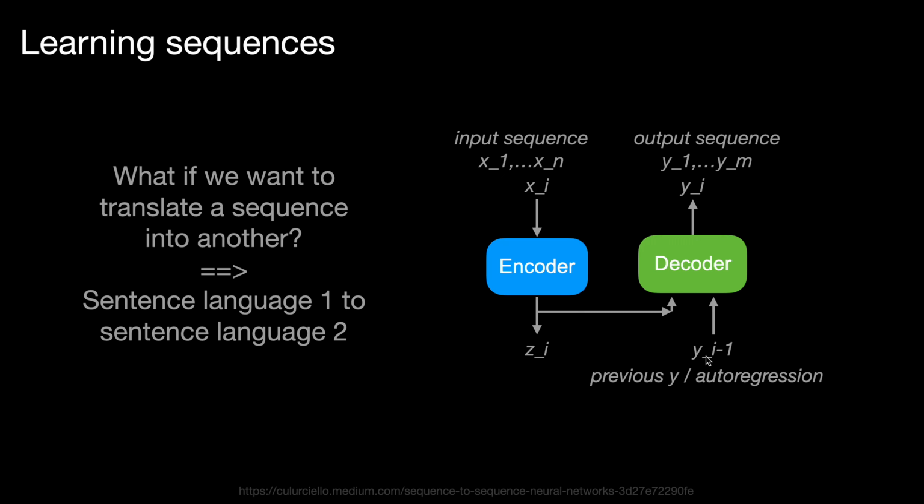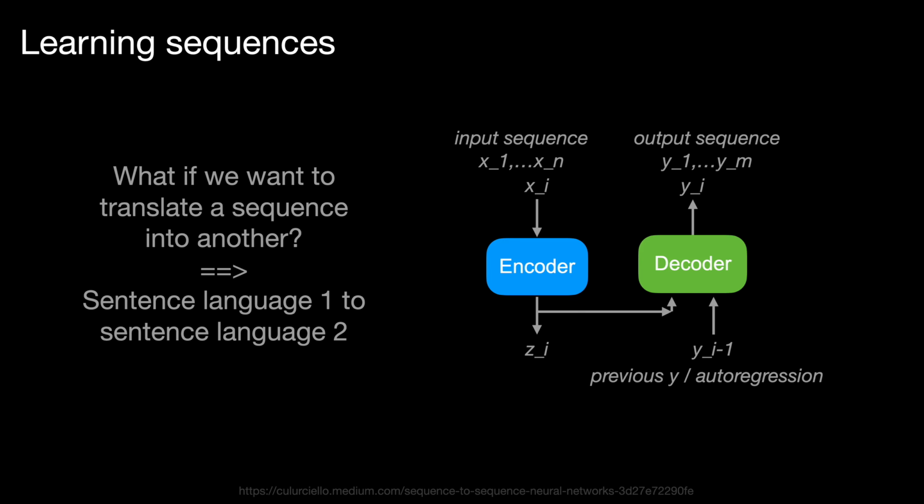This is how sequence learning is usually defined, and this model is called the sequence-to-sequence model. We will see more details about it, but we need it today because we need to explain what the transformer is.